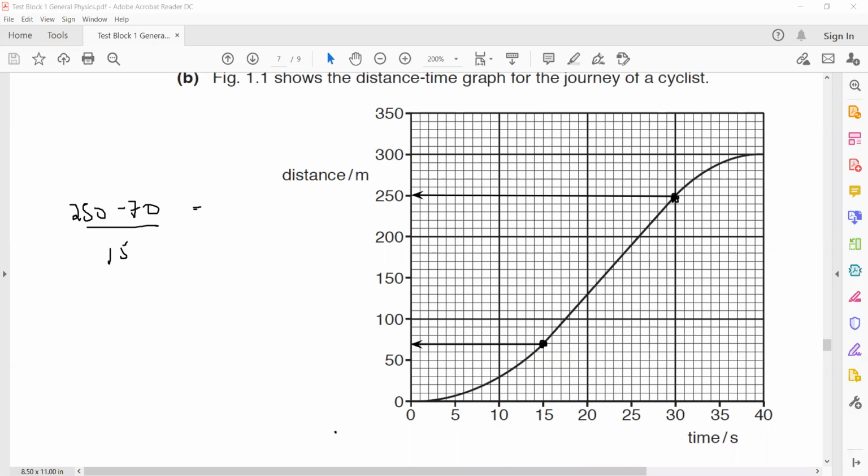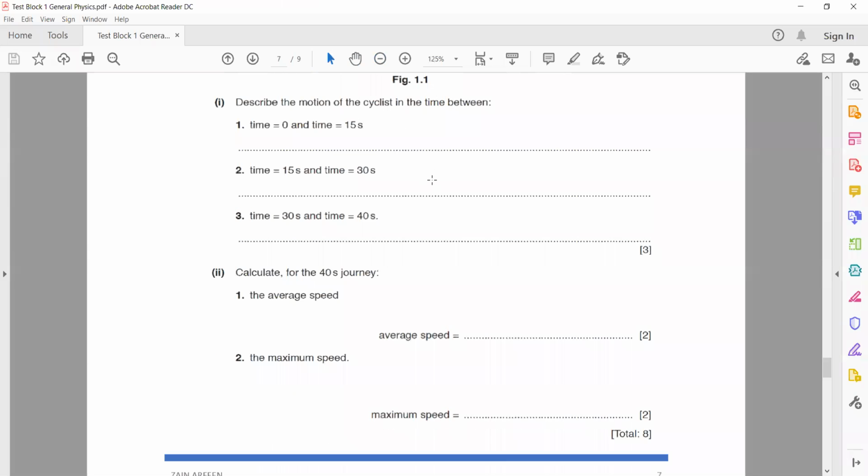That's 180, and 180 divided by 15 will be equal to 12. So the maximum speed of the journey is 12 meters per second.